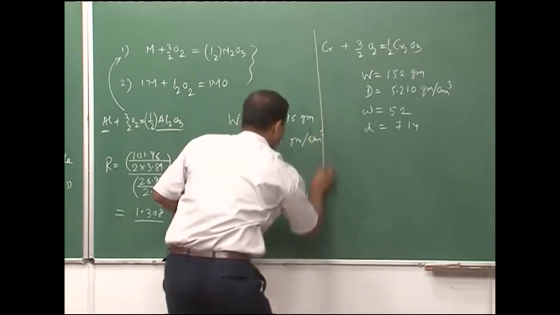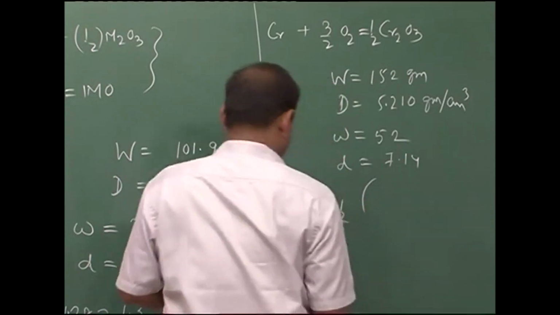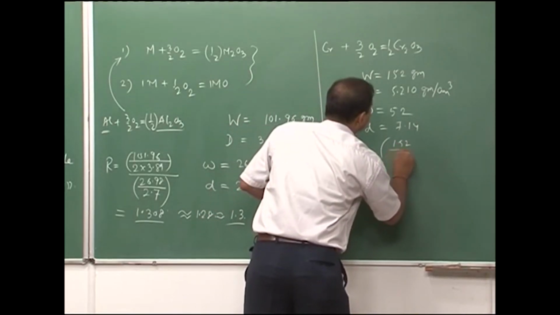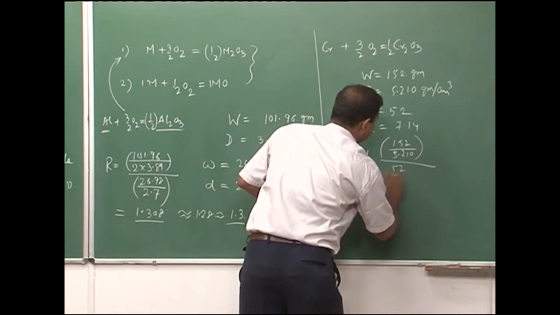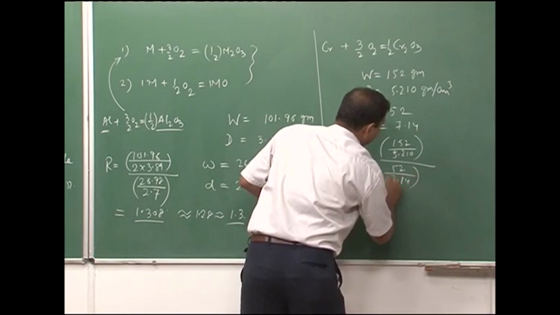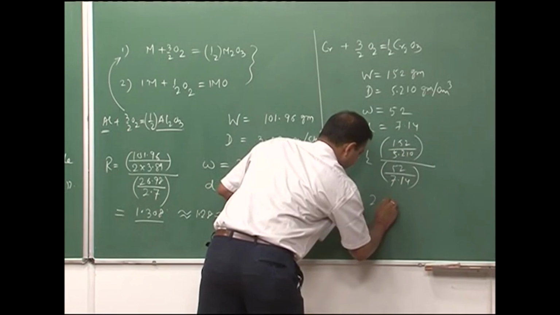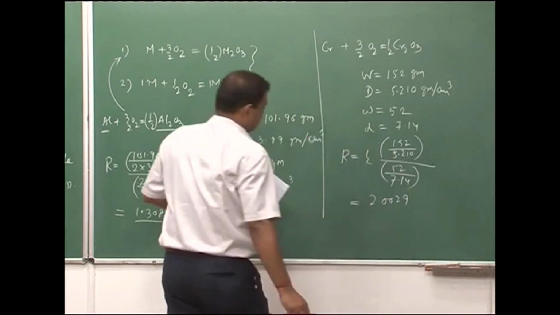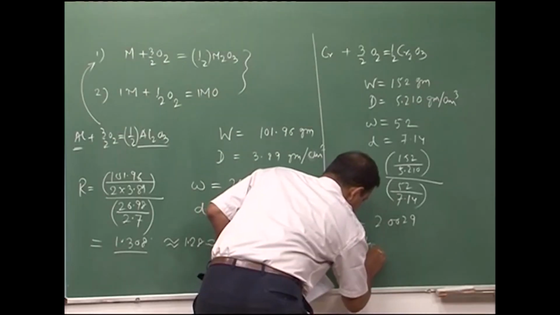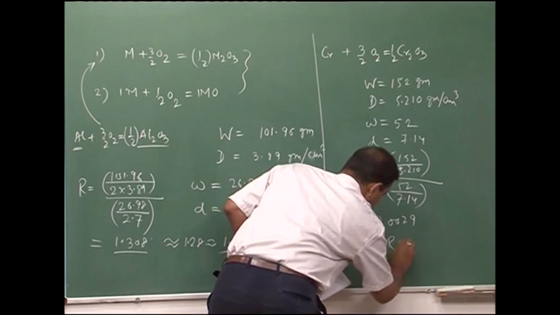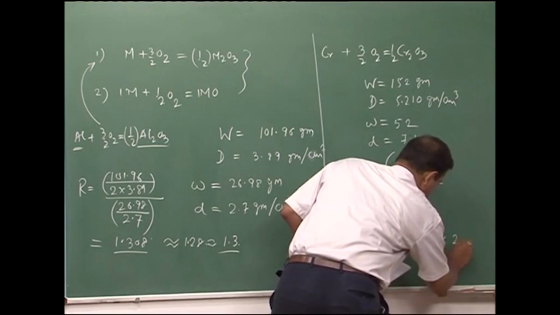That time this R would be half into 152 divided by 5.210, multiplied by 52 divided by 7.14, and this would become 2.0029, and the reported R is 1.99, which is close to 2.